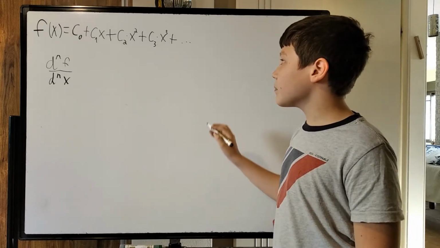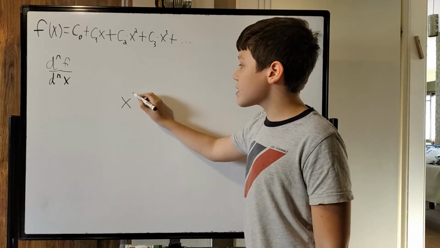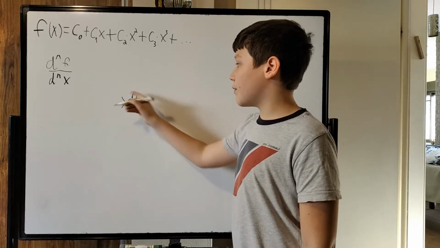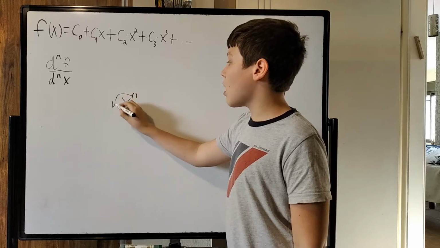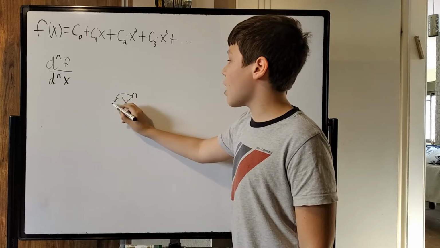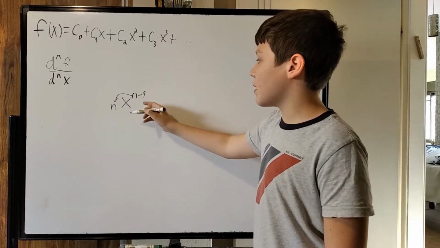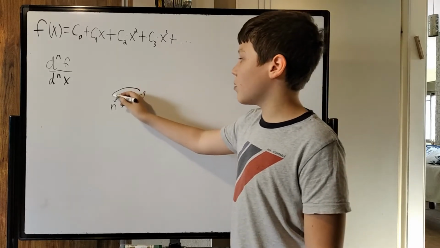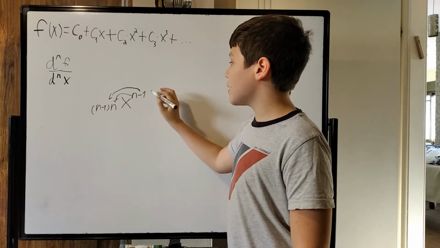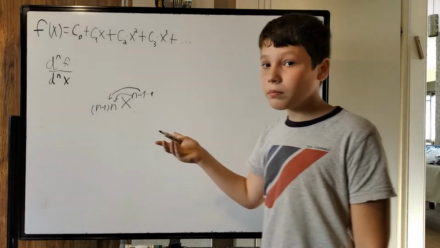Let's see. We'll ignore the constant and see what it's going to be like taking n derivatives of x to the n. With one derivative, the exponent will hop, and we have n times x to the n minus 1. Next time it will hop again, times n minus 1, and the exponent goes down by 1 again, so minus 2.